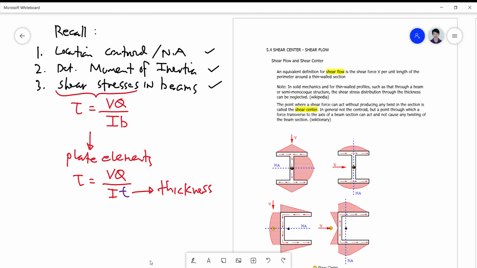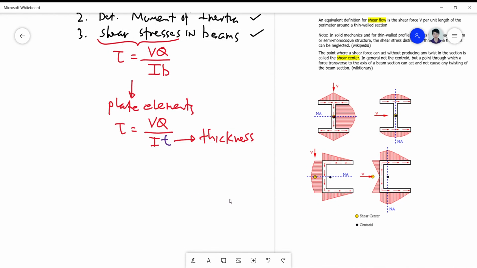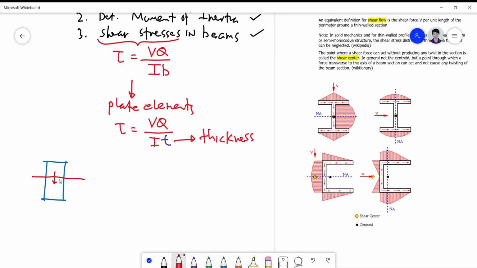Okay, take note that when we have basically a section, let's say I have here a rectangular section, the shear stress is always a maximum somewhere at the neutral axis, and it becomes zero at the surface.